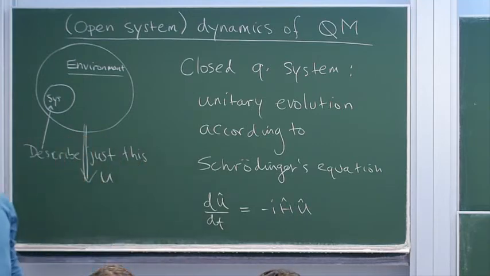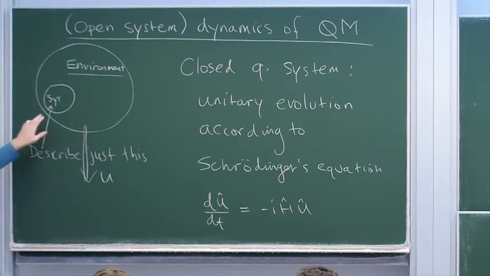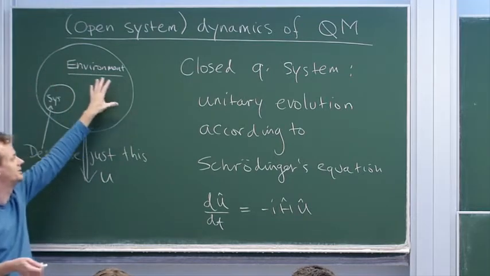And I can exploit just physical intuition right now to give you a sense of how we need to have some more general notion of dynamics for systems that are embedded in composite systems.